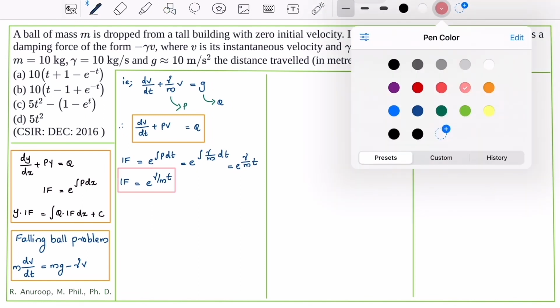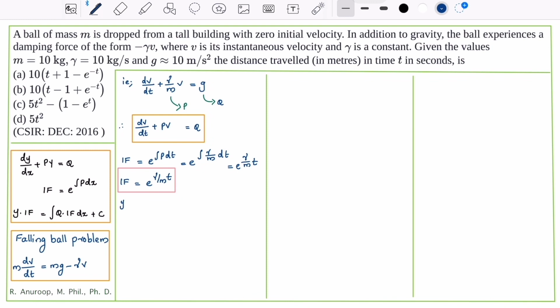In the present problem, the solution is v into the integrating factor, that is e raised to gamma by m into t, equal to integral q into integrating factor dt plus c1, that is integral g e raised to gamma by m into t dt plus c1, and that is equal to g m by gamma e raised to gamma by m into t plus c1.